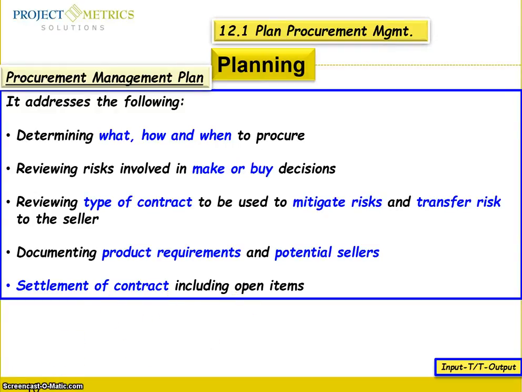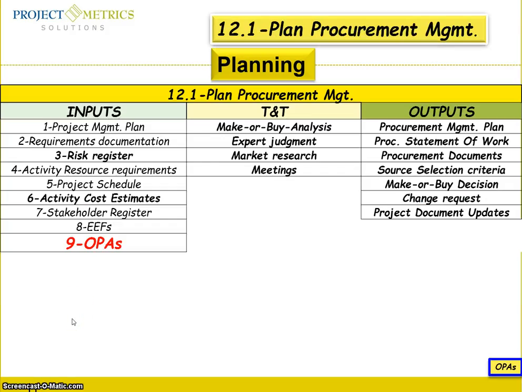Having said that, we need to talk about the inputs, the tools and techniques, and the outputs. The inputs are the requirement documentation, risk register, activity resource requirements, activity cost estimates, and stakeholder register. We are going to talk about that in the next video.